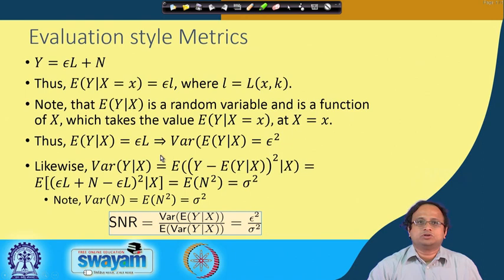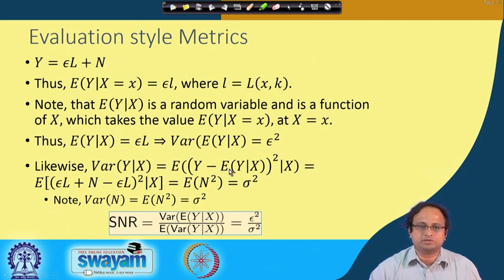Now, likewise, if I want to calculate the variance of y given x, this is essentially the expectation of (y minus E y given x) whole square, given x. Just to remember, the variance of y is the expectation of (y minus E y) whole square.